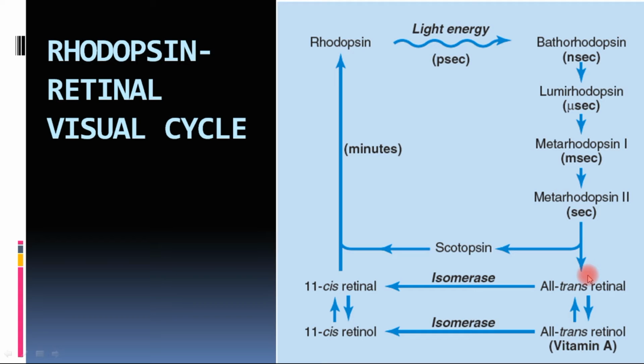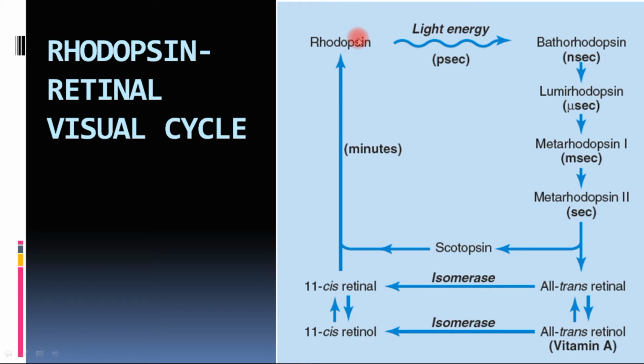Why? Because the conformation of all-trans retinal is different from that of 11-cis retinal. 11-cis retinal fits perfectly on the scotopsin, making rhodopsin.